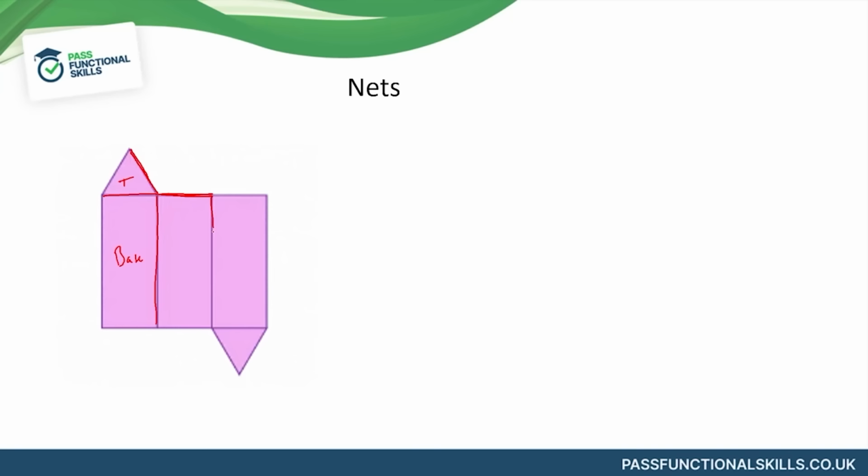And if we were to fold along here, then this edge would rest on this edge of the triangle here. So what we would end up with is basically, if you can imagine, a Toblerone box. And again, if we just do a little fold here, then these edges of this triangle will sit perfectly on these bits here. What we've got is a triangular prism.